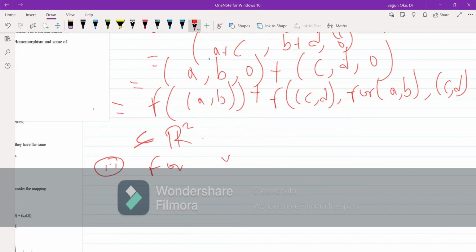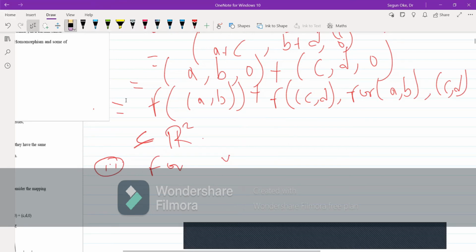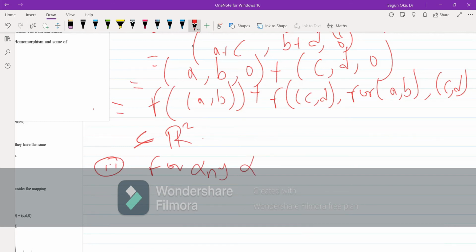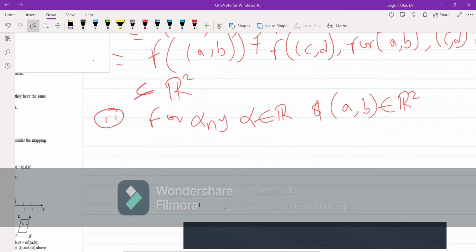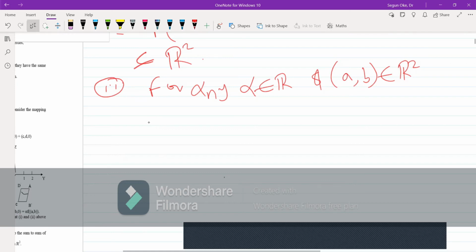For any alpha that belongs to the real numbers, R, and any a comma b that belongs to R2, there are things we also need to follow.